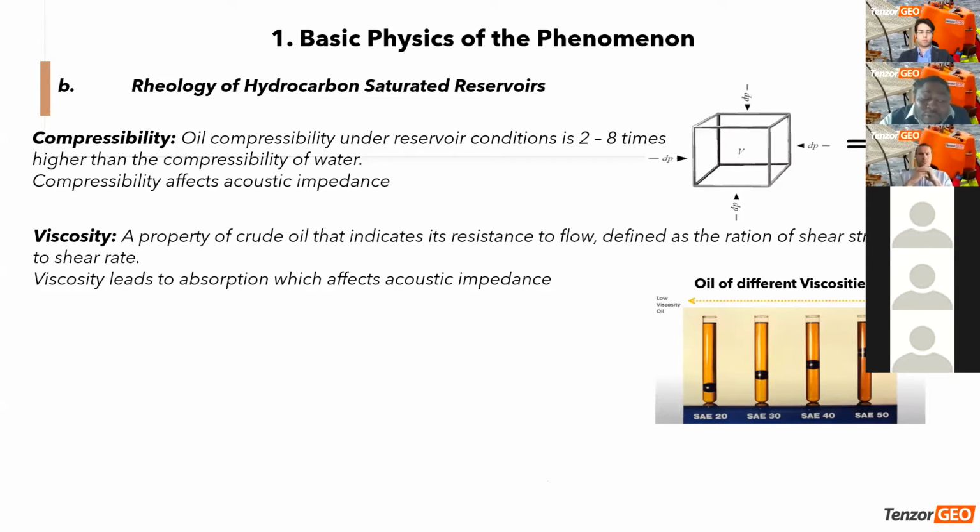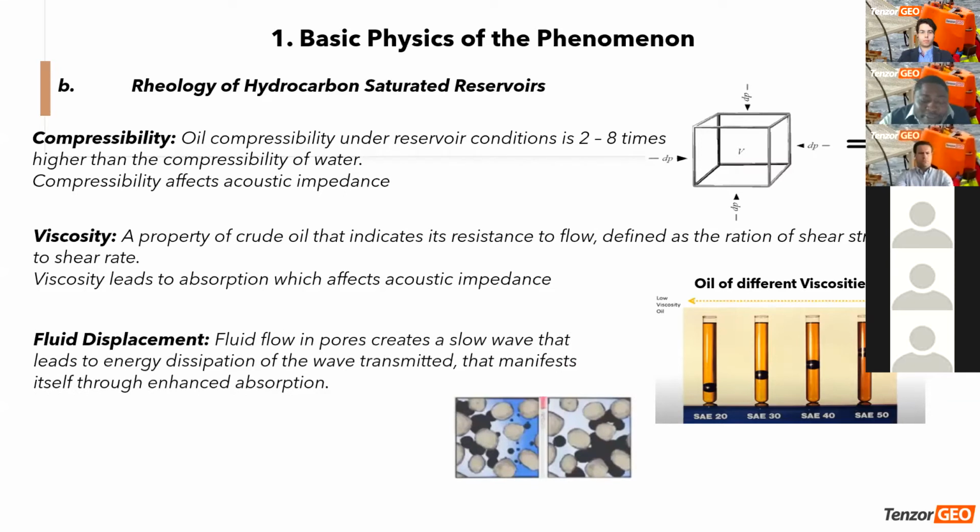Now, viscosity is relevant because it leads to what is known as absorption of the seismic waves, which in turn creates an additional acoustic impedance, which then leads to the formation of the imaginary part of the reflection, which we talked about earlier on.